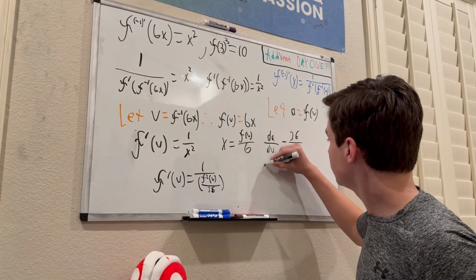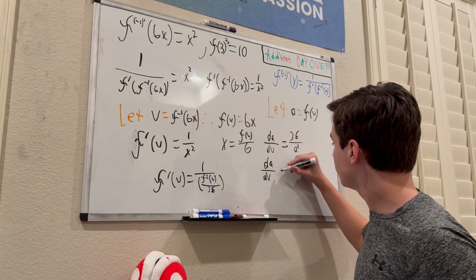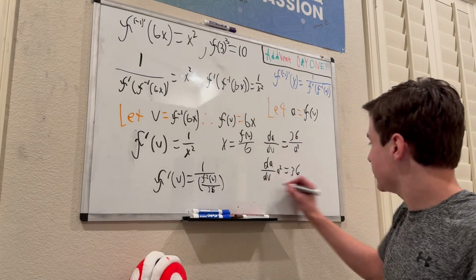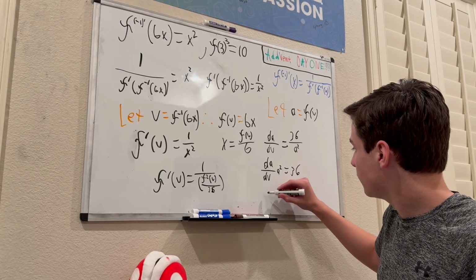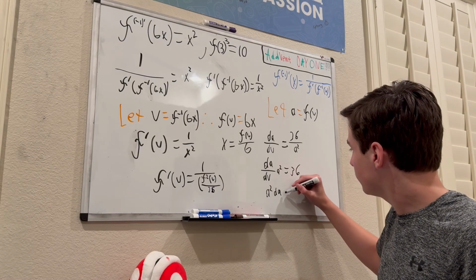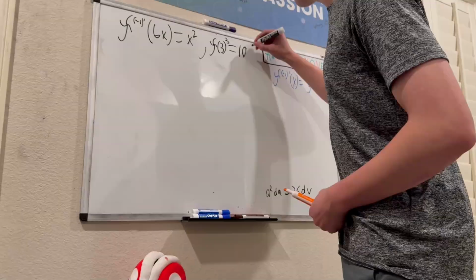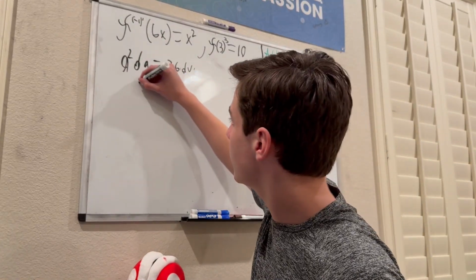And then we get dA over du times a squared equals 36. Now we can bring du over to this side, and we get that a squared dA is equal to 36 du.